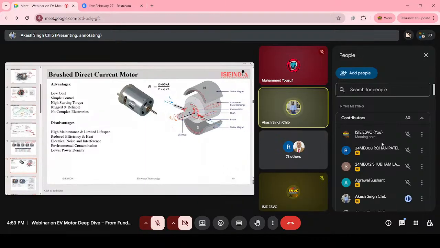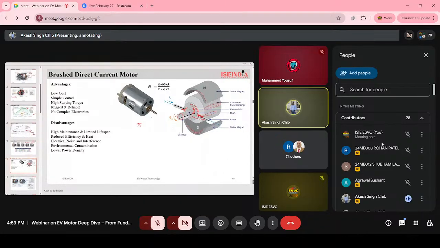You can see we use brushes here, but we are not using these motors in EVs. I am just discussing it so you know; you must know about these motors as well.